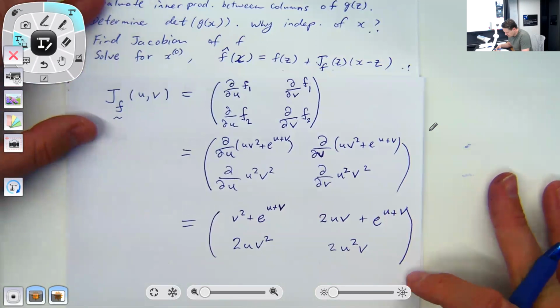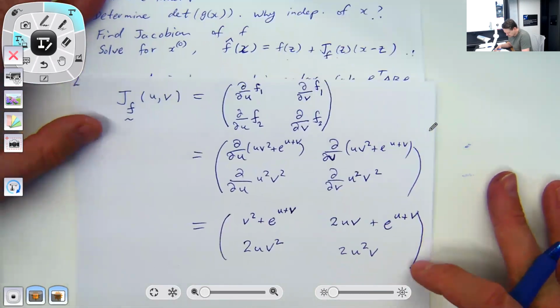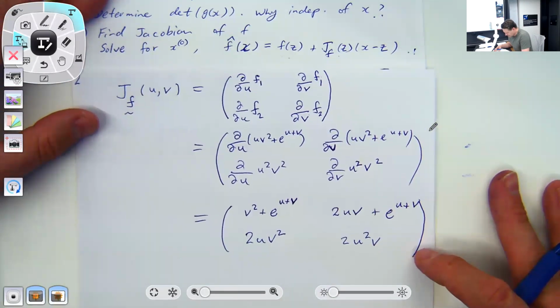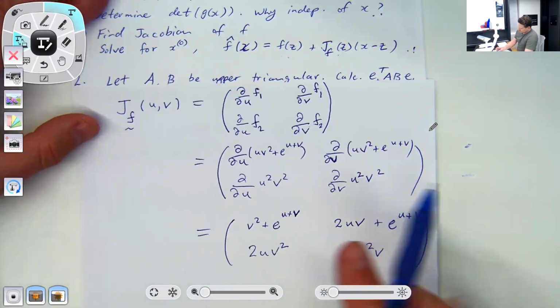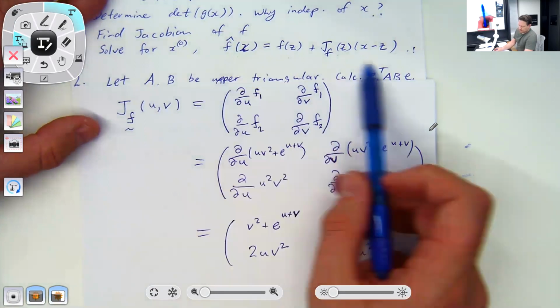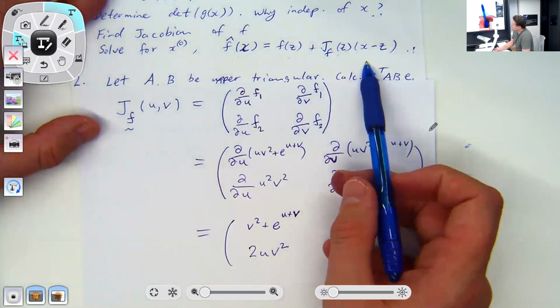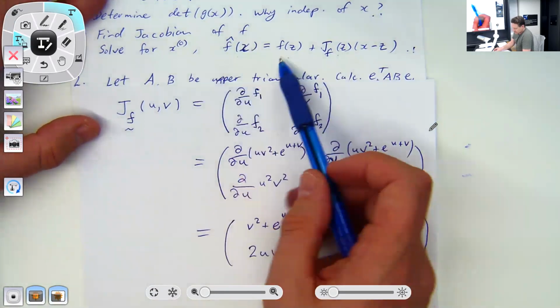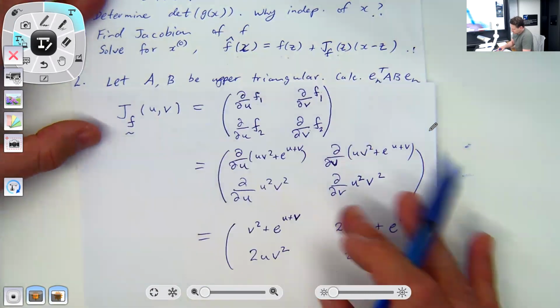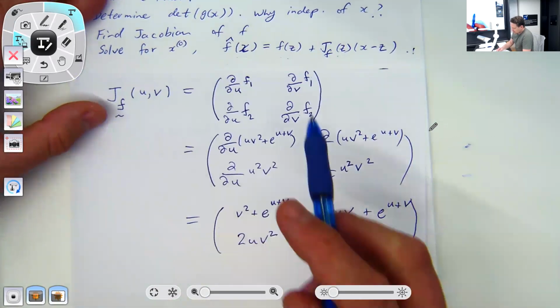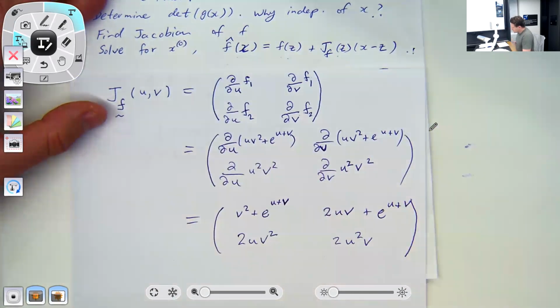The next problem asks us to solve for x0. Here we've got the linear approximation, so f with a hat on it is given by this. But we're going to solve for x0 in this equal to 0.